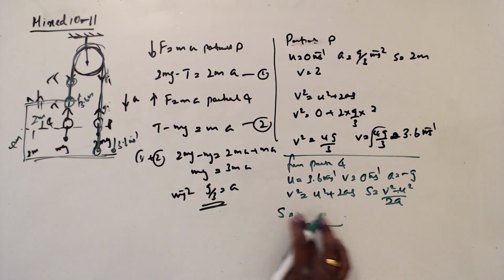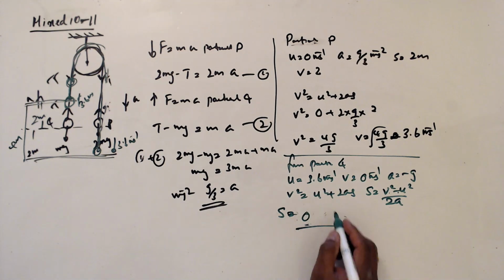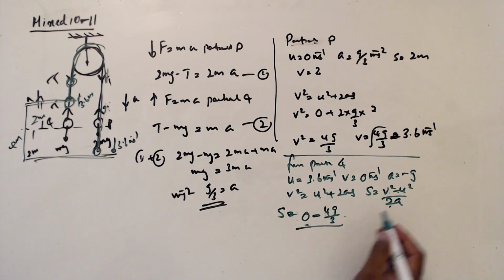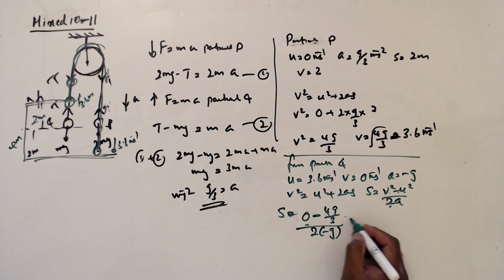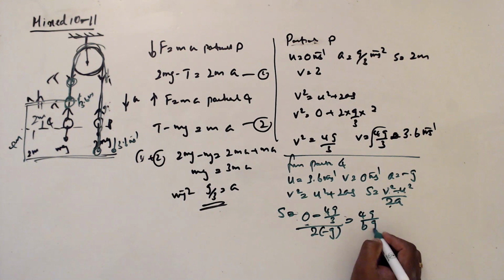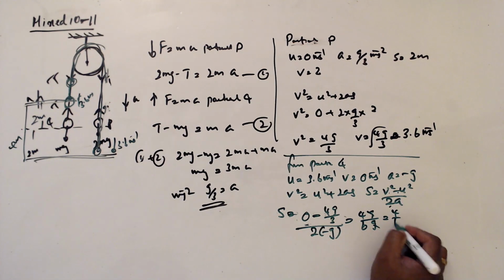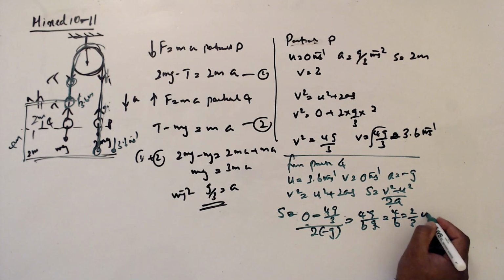So v² is 0, u² is 4g over 3, divided by 2 times the gravitational acceleration, which is minus g. So this is going to be 4g over 6g. g cancels out, 4 divided by 6, that is 2 over 3 meter.